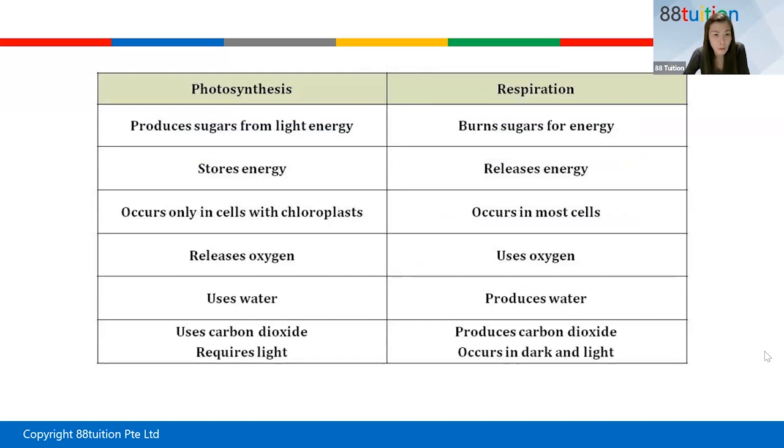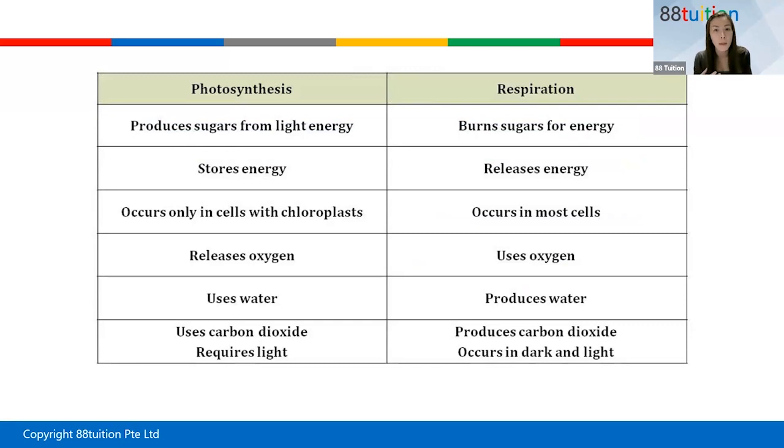All right, so you need to be familiar. Photosynthesis actually produces sugar, but for respiration, sugar is actually being used up for energy. Remember, there's always the question about how come heart rate will increase, etc. Heart rate increases when you're exercising, breathing rate also increases when you're exercising. Why? Because you need the energy. How to get the energy?